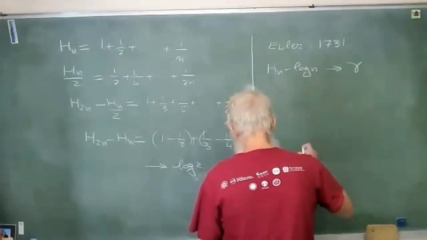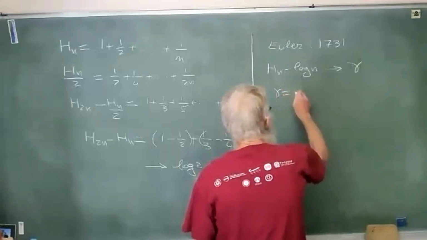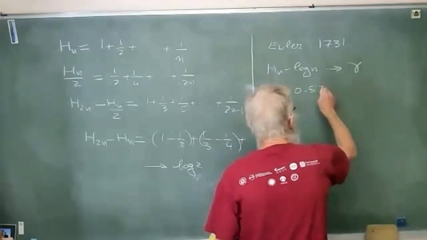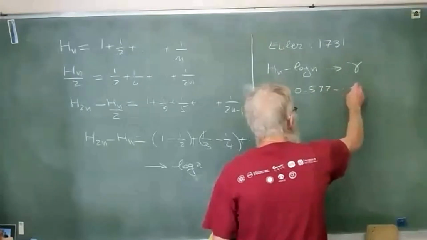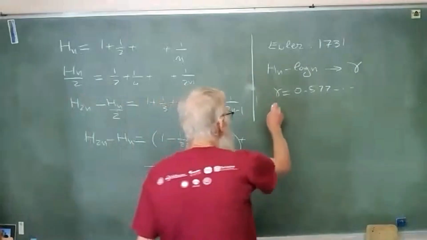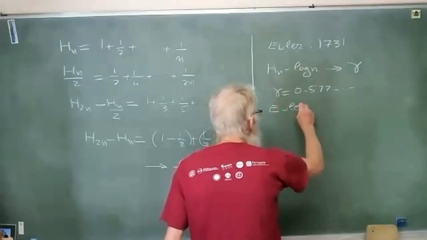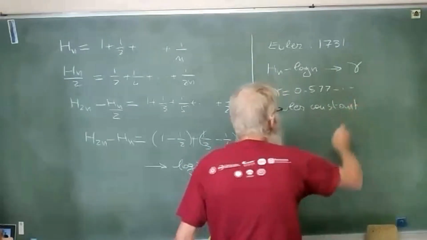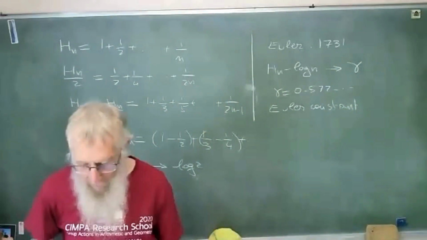Gamma is 0.577 and so on. This is Euler's constant. It's a very interesting real number.